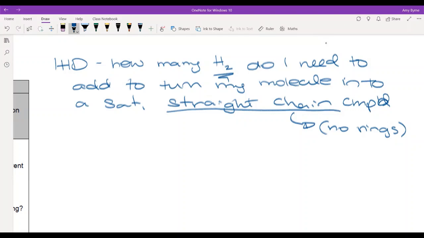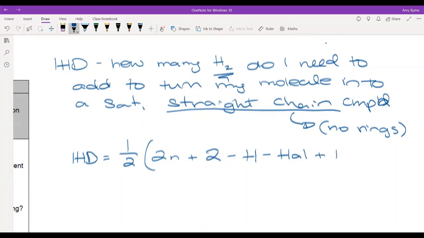So the formula is IHD is equal to half of 2 times your number of carbons plus 2, minus your number of hydrogens, minus your number of halogens, plus your number of nitrogens.